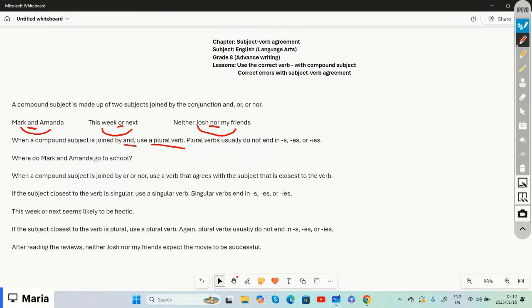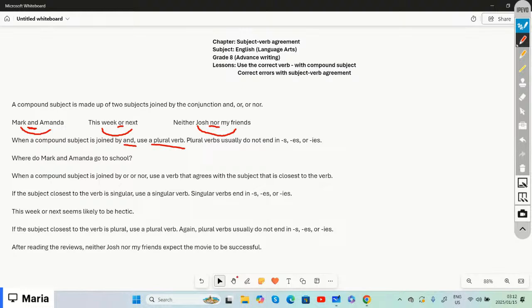And a plural verb does not end in s, es, or ies.